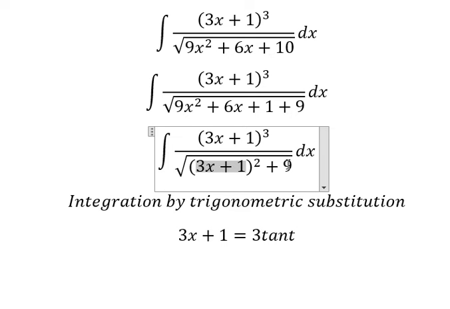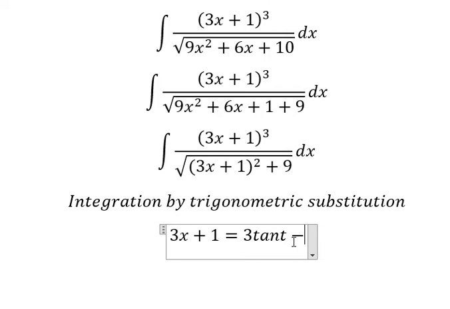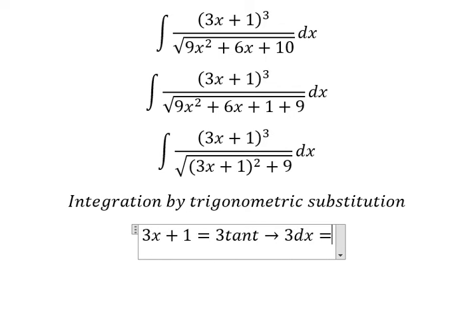Number 9, we can do factorization. Tan t squared plus 1, we change to secant of t squared, and later we simplify the square root and dx. Now we need to do first the derivative for both sides.